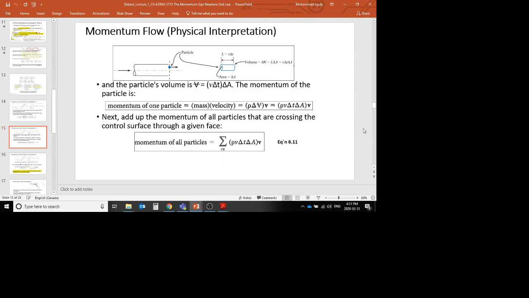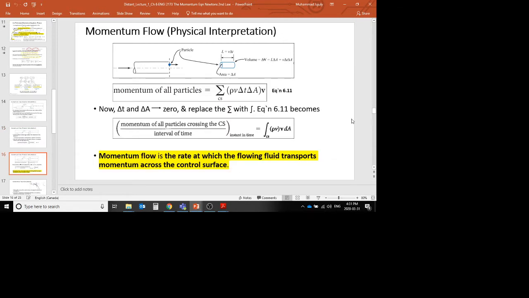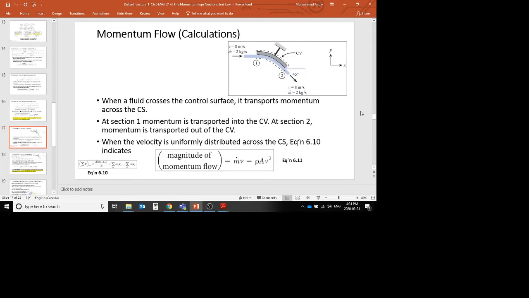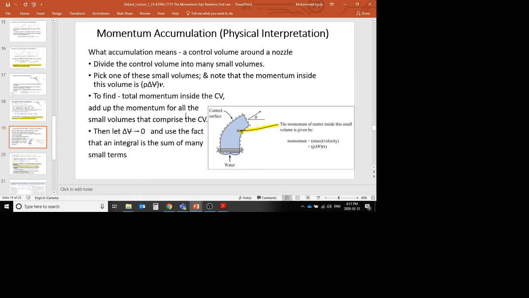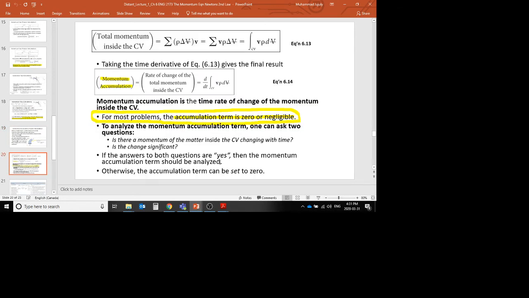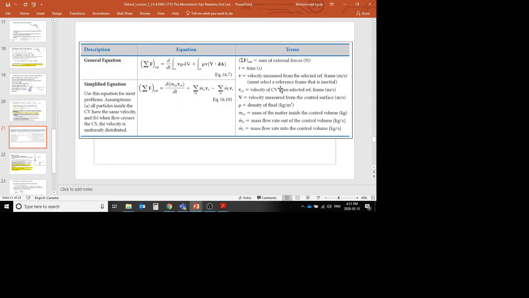These are the physical interpretation: the momentum of all particles is the summation. As I said, we don't need to solve any problems. We just need to know what the momentum equation is and how it works.